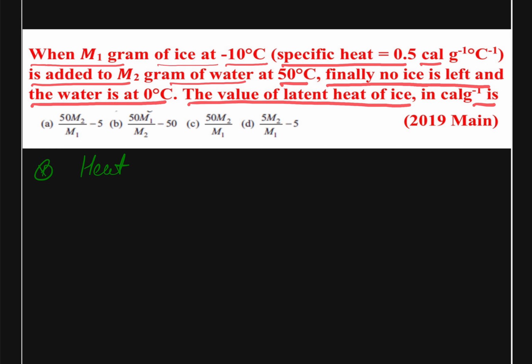Heat lost by the water will be equal to heat gained by the ice.